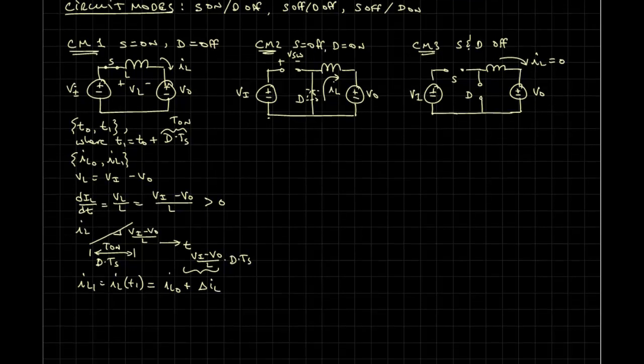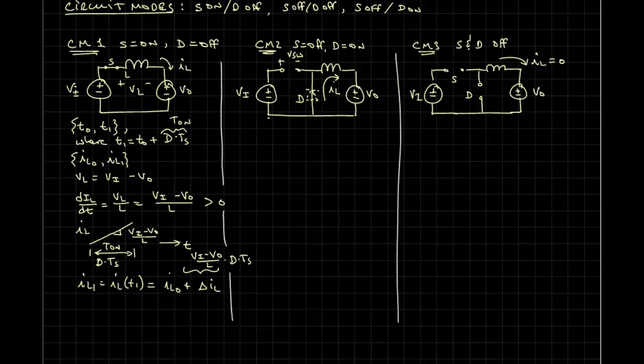That's what happens during circuit mode M1. So if we stay in that circuit mode, the current just keeps increasing, and it'll keep doing that until we turn off the switch, at least in this ideal circuit.